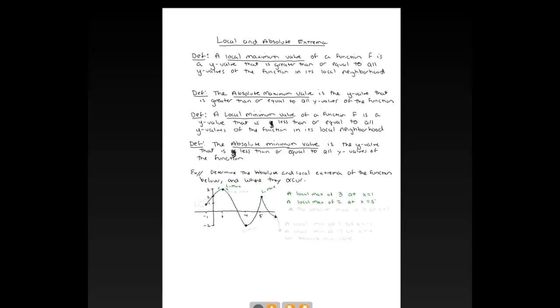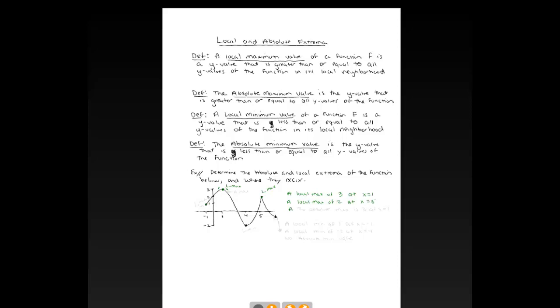How about absolute maximum value? Well, the absolute maximum value is the y value that is greater than or equal to all y values of the function. So we want the y value that is bigger than or equal to all y values of the function. And if you look at the picture closely, you see that the y value that's bigger than or equal to all the other y values is 3.